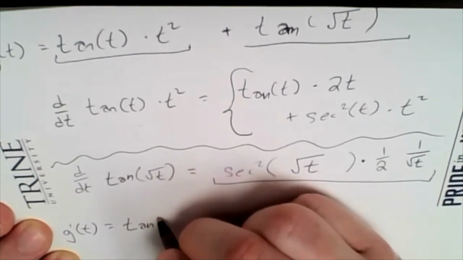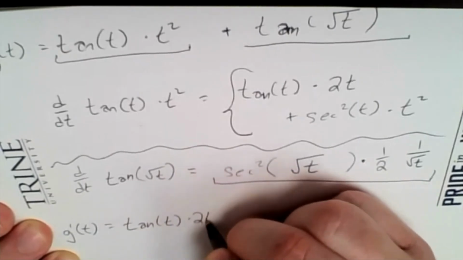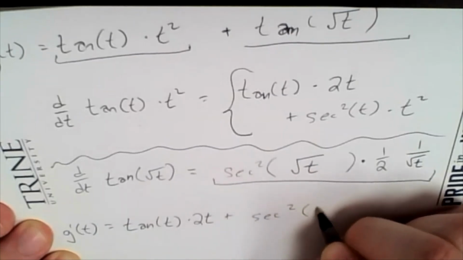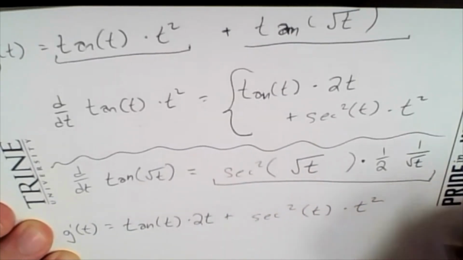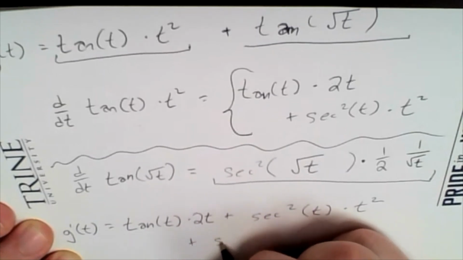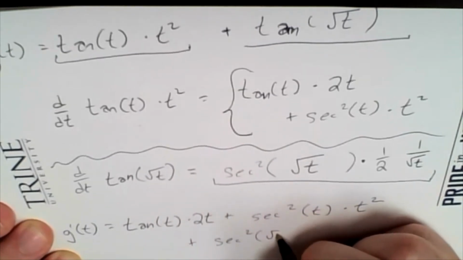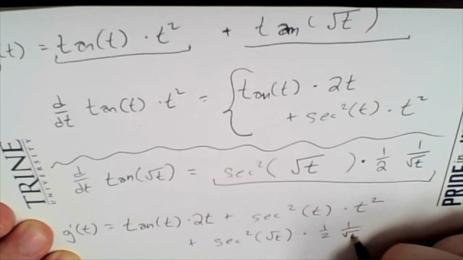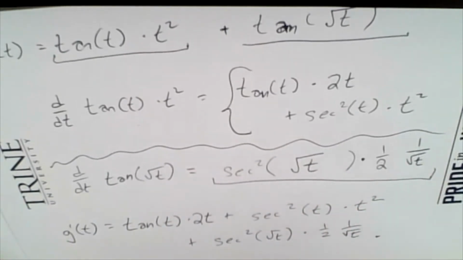So I get tangent of t times 2t plus secant squared of t times t squared plus secant squared of the square root of t times 1/2 times 1 over root t. There's a little bit we could do to clean up this formula, but in terms of exercising our derivative muscles, that's all I'm looking for today.